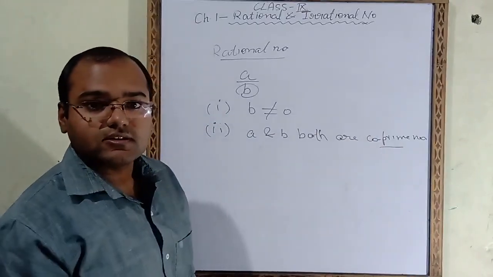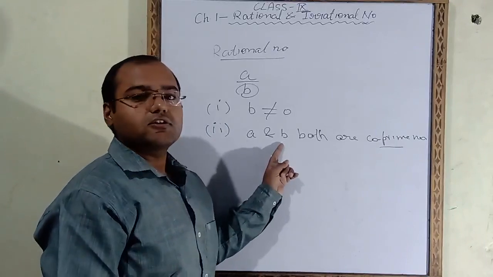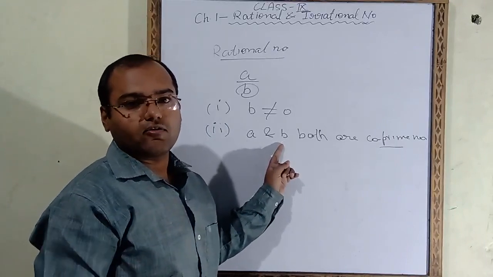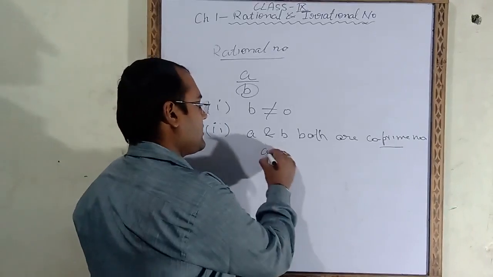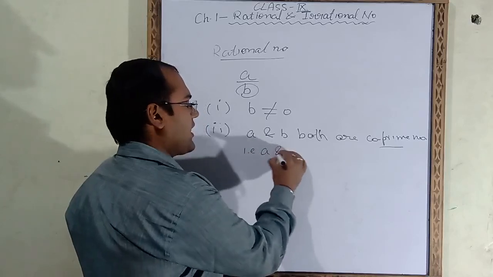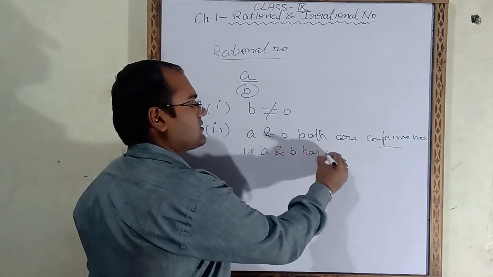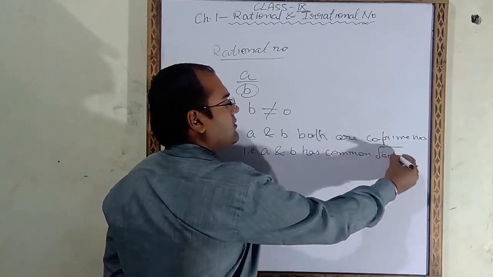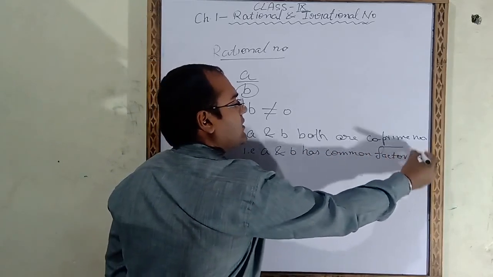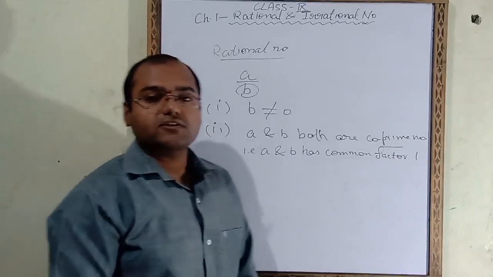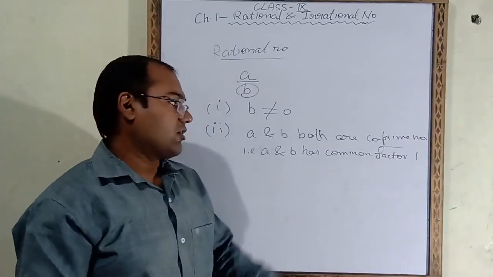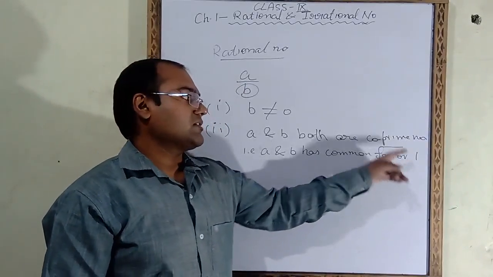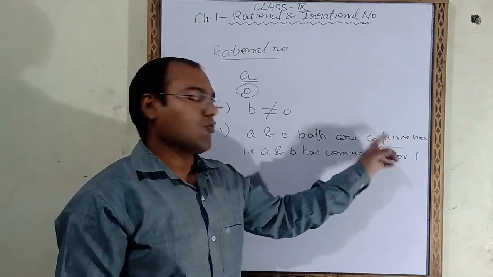Co-prime means a and b should have only 1 as a common factor. Such numbers which have only 1 as a common factor are called co-prime numbers.